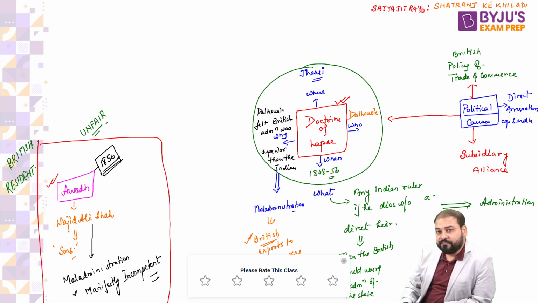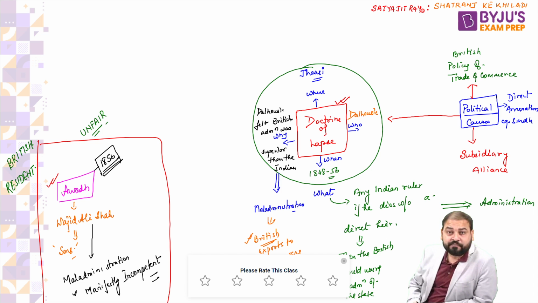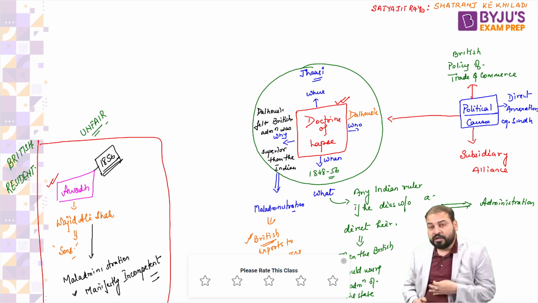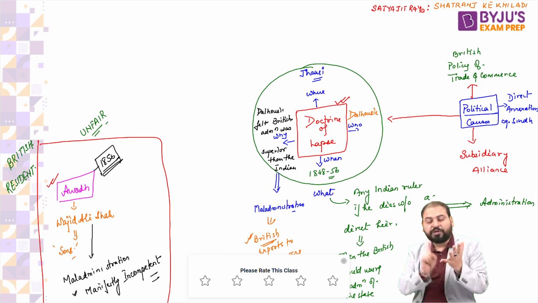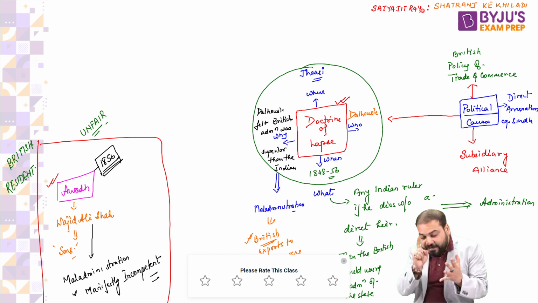In that movie, there was an actor called Amjad Khan, famously known as Gabbar from Sholay. He is playing the character of Wajid Ali Shah. In one part of the movie, Amjad Khan, that is Wajid Ali Shah, says to the British: tell me what did I not do for you? Whatever you asked me, I did everything.